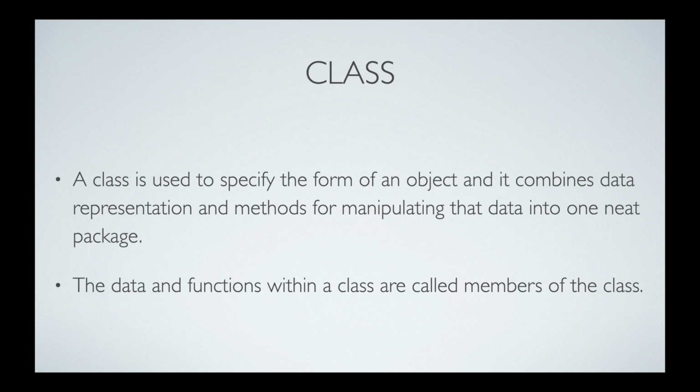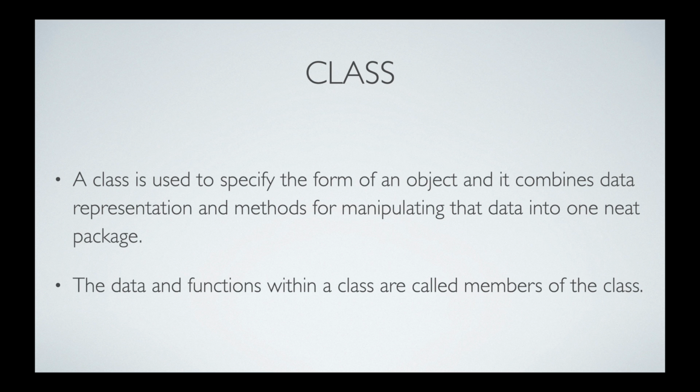So rather than having, say, box one with a length of 20 centimeters, width of 30 centimeters, and height of 40 centimeters, it just has the parameters, the characteristics, like length, width, and height.